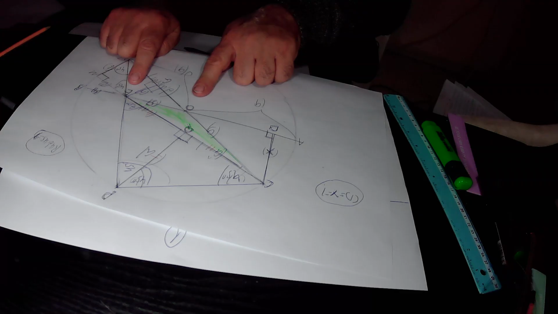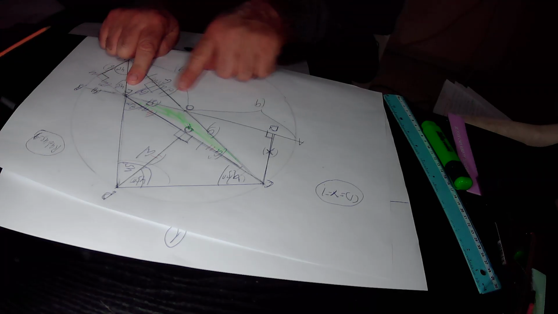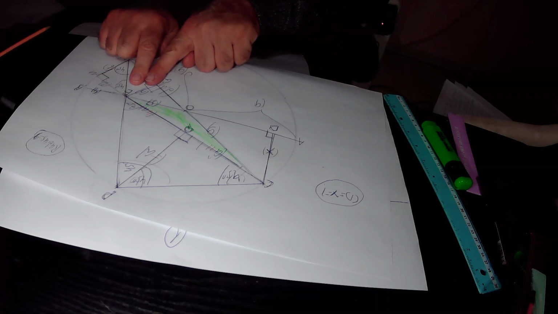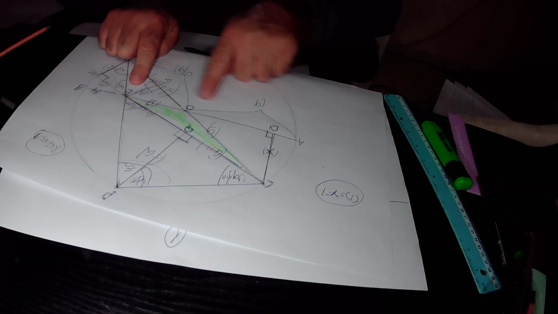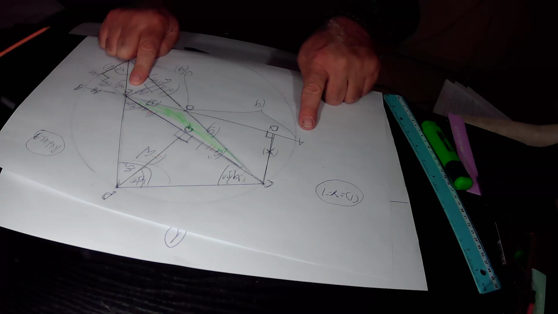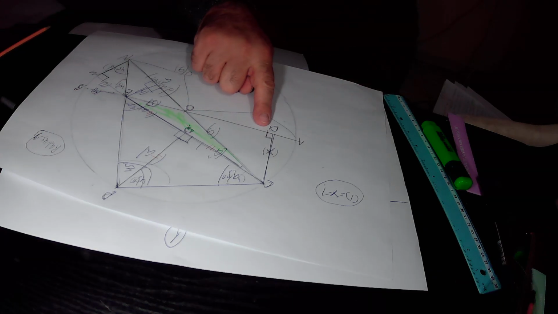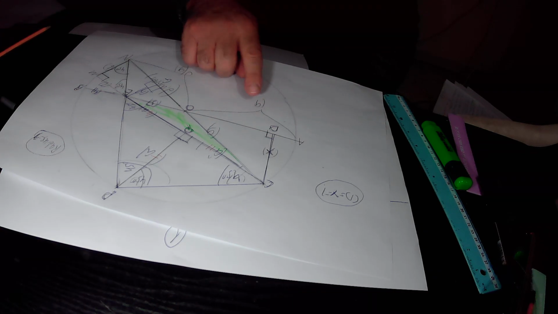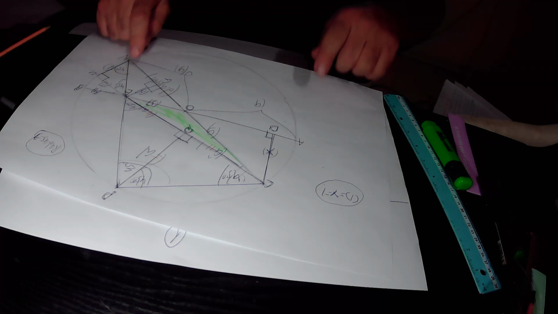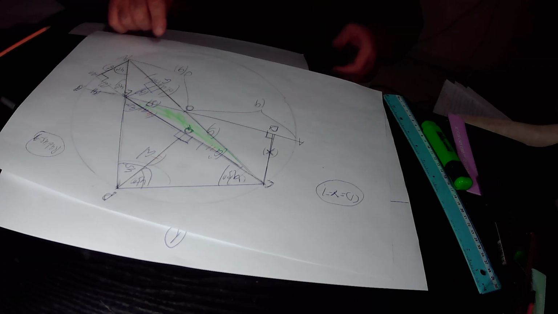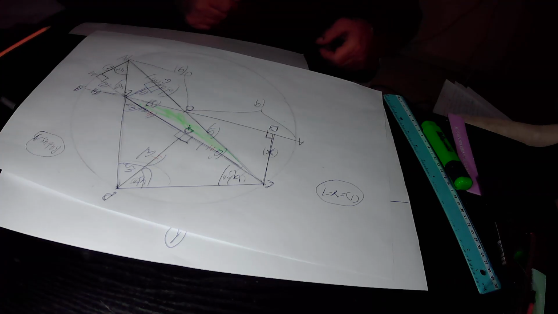OE is the base of this green triangle OEC, and the height must be at 90 degrees with the extended base. The extended base of OE is EA. CD creates 90 degrees with the extended base EA. This is a right angle. Therefore CD is the height to the extended base EA of this green triangle COE.